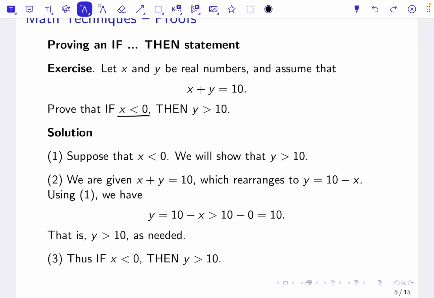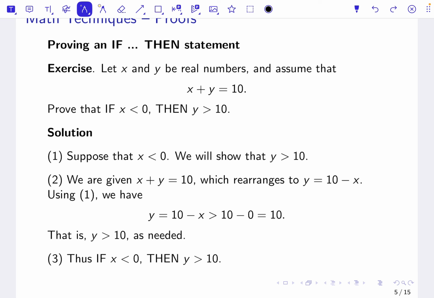So for the sake of this proof, we're going to assume that x plus y equals 10 and that x is less than 0. Using these, we'll prove that y is greater than 10. And from there, we have the reason I initially thought that this was a repeat of an example from last class.